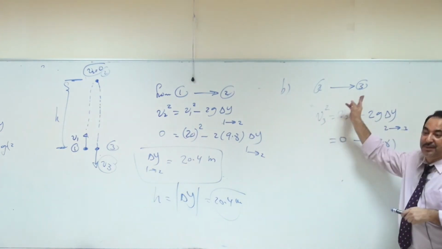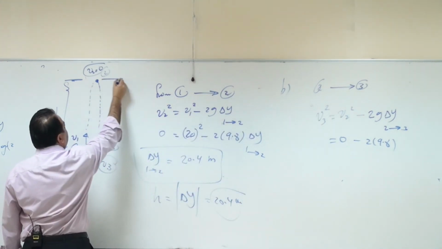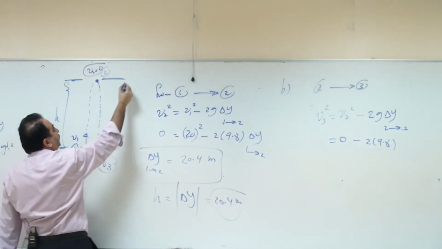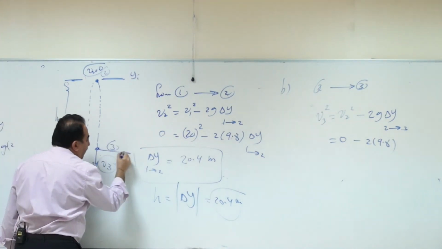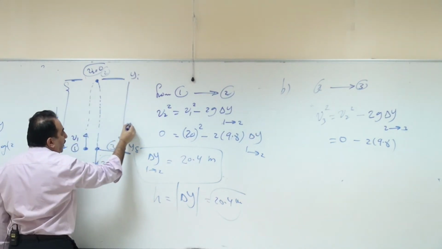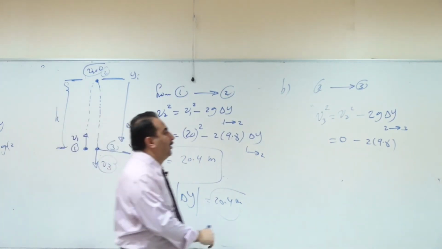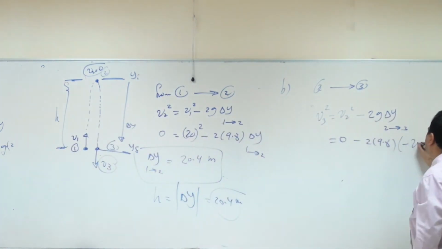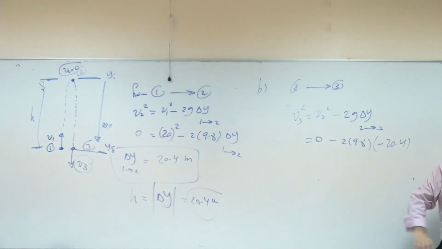That's why I put the numbers. From 2, this is a start. This is Y initial for you, yes? When you reach a 3, which way is delta Y? So this height will be minus. Minus 20.4. If you don't put the minus, you know what happens?